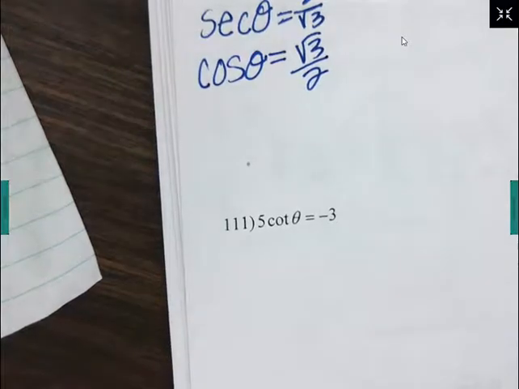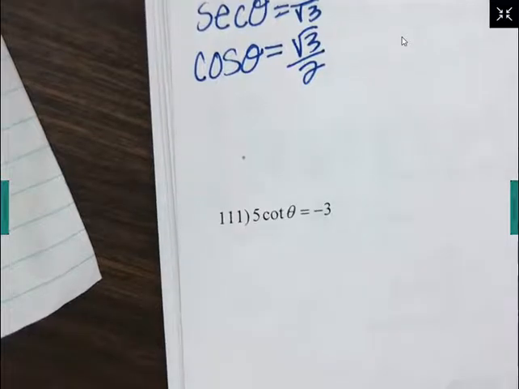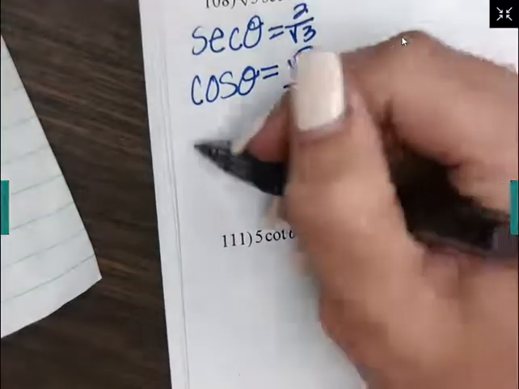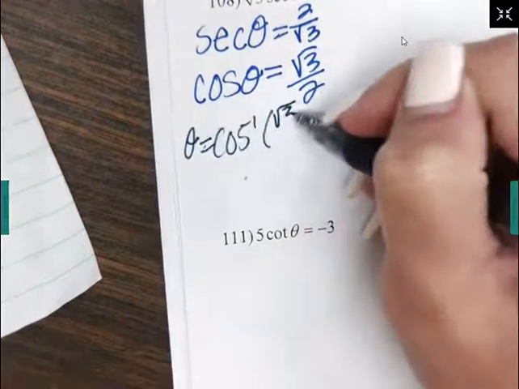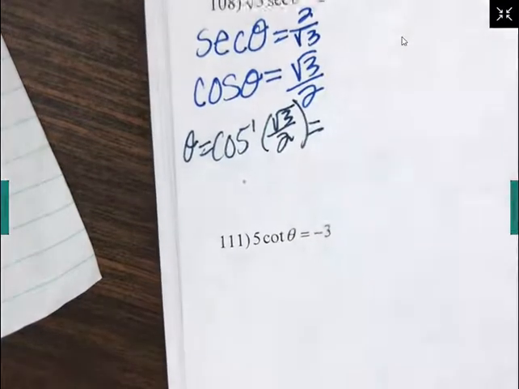Do you see that? Yeah. No, that's not the answer yet. You have to do the second cosine. Right, good. So to find theta, we just put cosine inverse of square root of 3 over 2 in our calculator, and that's going to give us what?